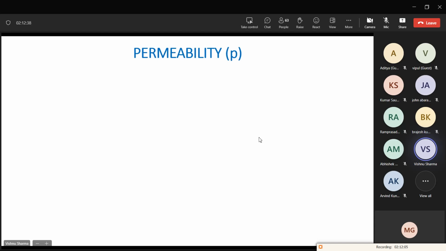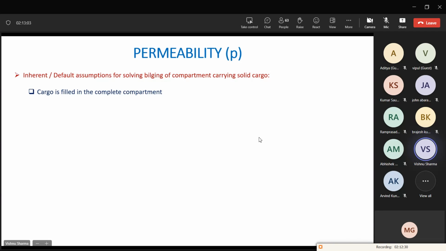Now we are going to do our questions based on certain inherent assumptions, because if we do not have inherent assumptions, then we'll have to have complete details of a case. So our generic calculations will be based on certain inherent assumptions. Inherent assumptions for solving the bilging compartment carrying solid cargo are: number one, the cargo is filled in the complete compartment.